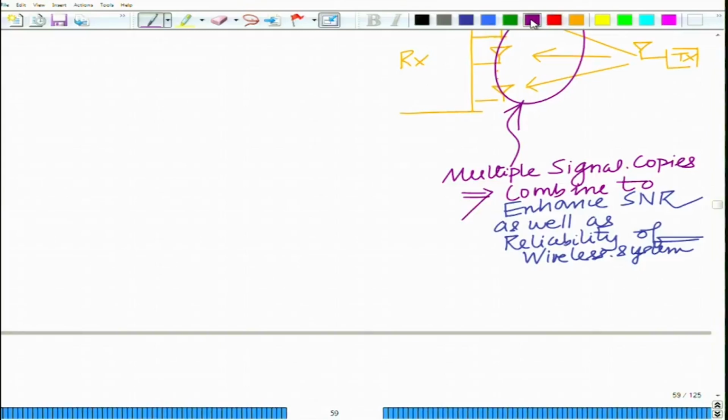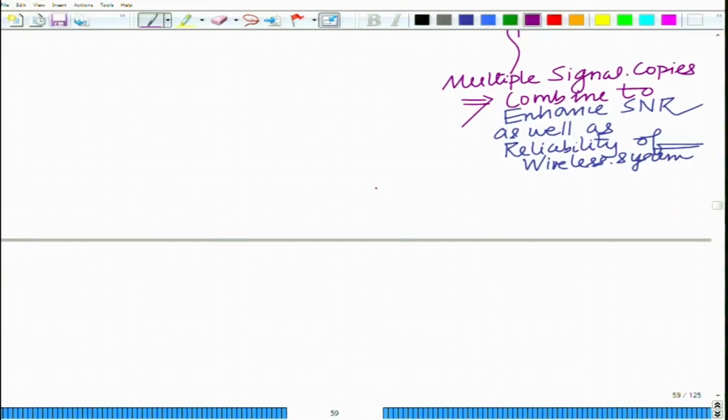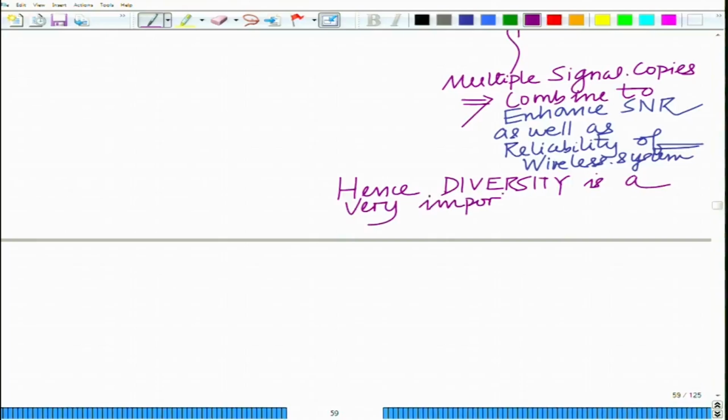Hence, diversity is a key principle in a wireless communication system, and in fact, one of the key technology innovations.